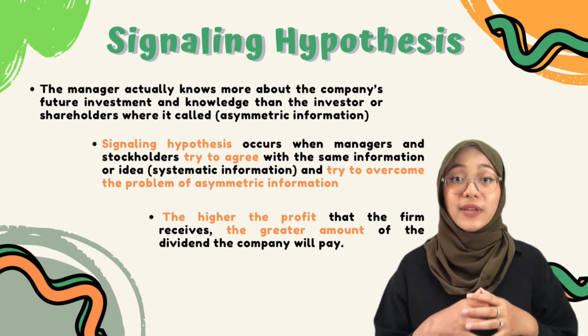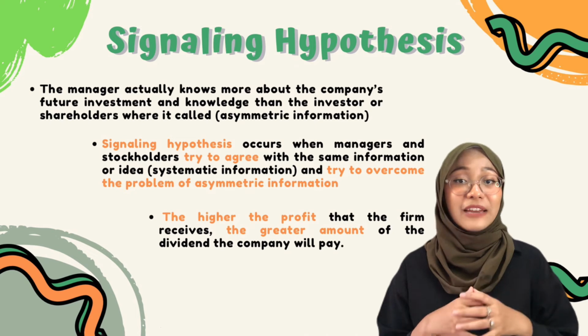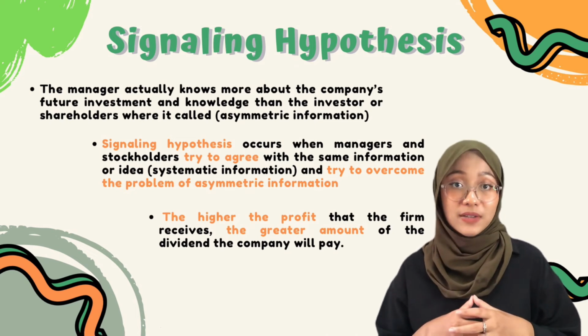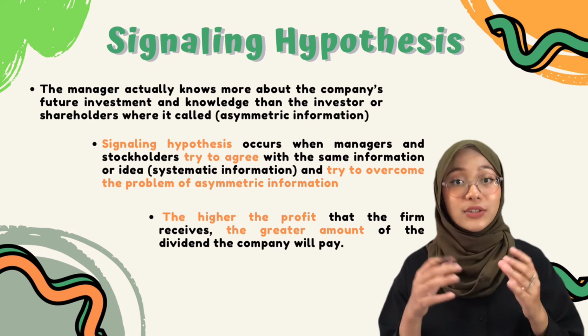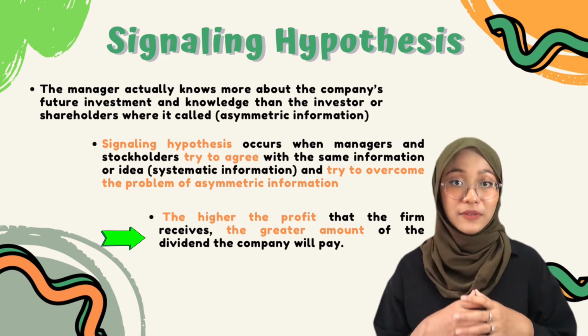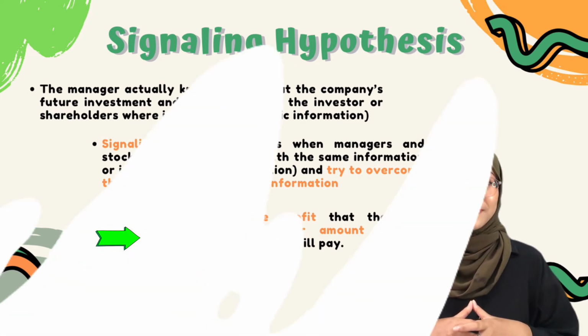When the firms announce an increase in dividend payment, financial analysts and investors read it as a positive sign of the company's future financial outlook. The higher the profit that the firms receive, the greater the amount of dividends that the company will pay.